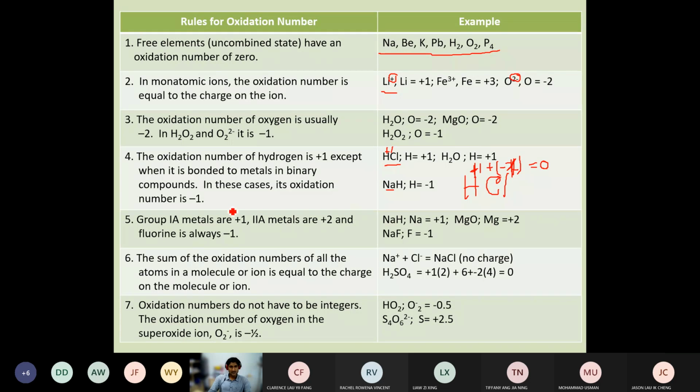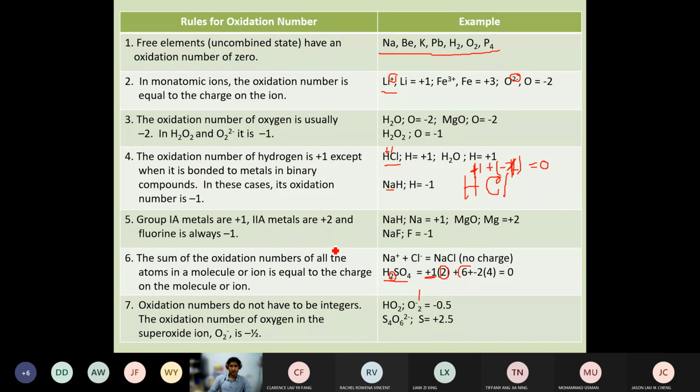And there are some things that we should remember. For example, sulfuric acid. Hydrogen is +1, but there are 2 hydrogens here, so it is multiplied by 2.